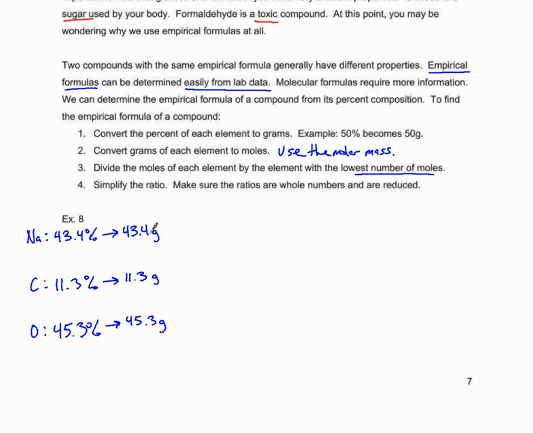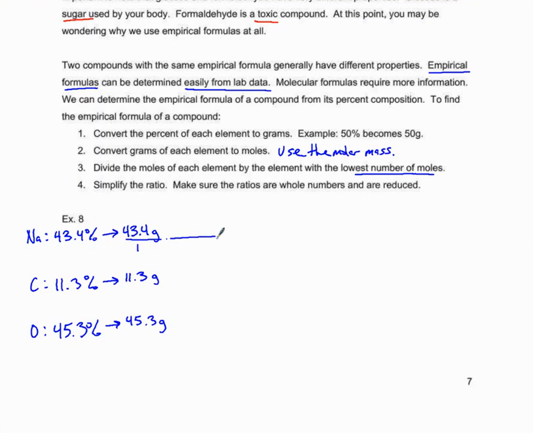Step 2, we want to change these numbers into moles. The reason we do this is because grams of sodium is different than grams of carbon because they have different masses. And so they don't quite compare right. But when we use moles, it takes mass out of the equation. Moles is a unit that can relate everything.